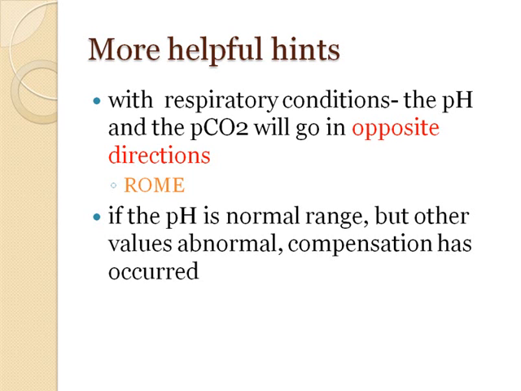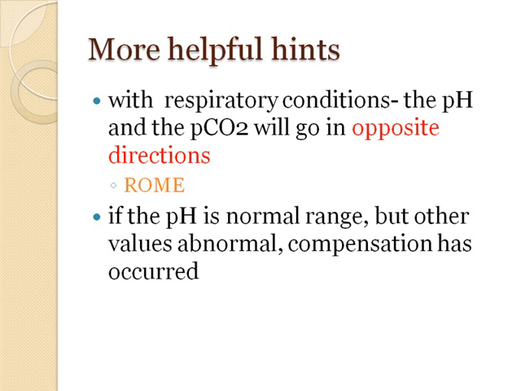With respiratory conditions, the pH and the CO2 go in opposite directions. And you can remember ROME, respiratory opposite, metabolic equal. And what that means, if the pH is elevated and your CO2 is low, then you have a respiratory issue.